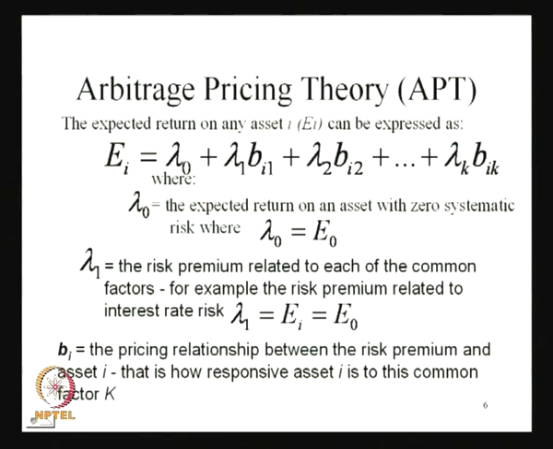So, this is the model we formulate to establish the arbitrage pricing theory, and we should very minutely identify the actual variables which could have an impact on the expected stock return.